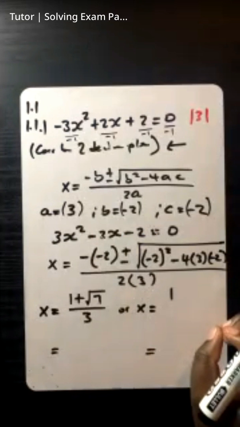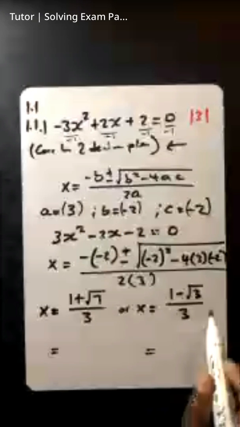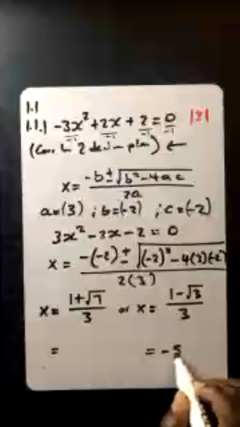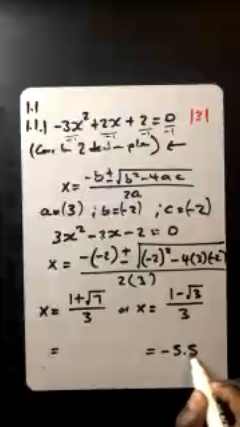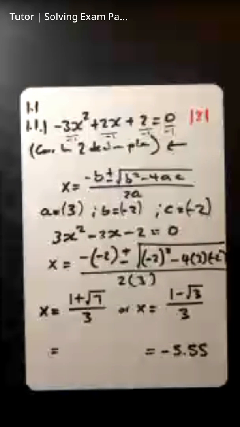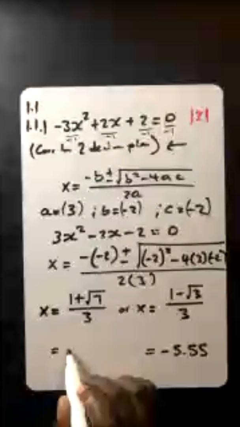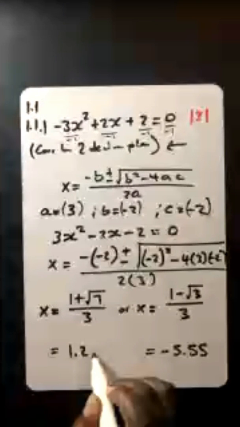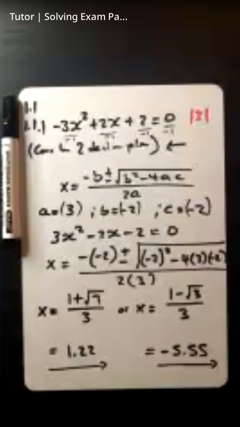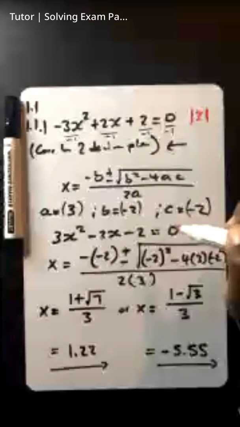So what is this one in a form of decimal? Are you also getting negative 0.55? That one? Are you also getting positive 1.22? Are you getting the same answer? Yes, sir.